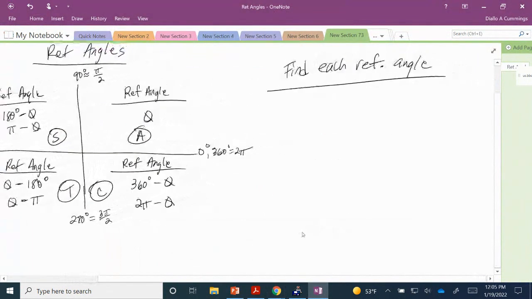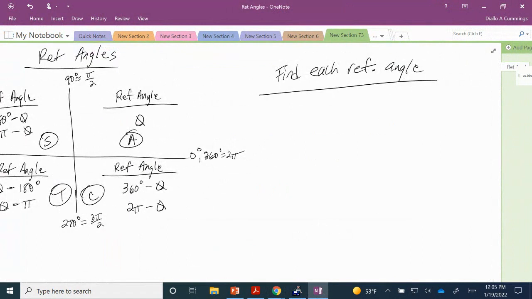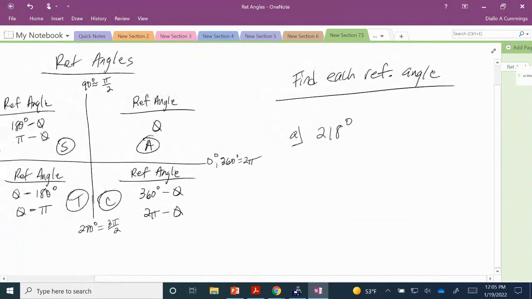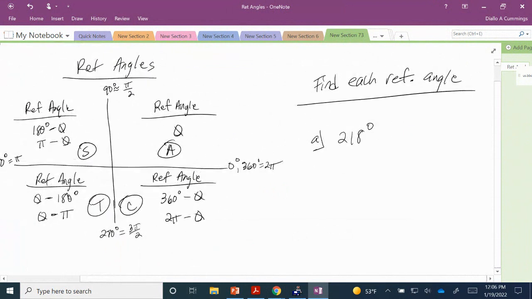All right, so we want to find a reference angle for 218 degrees. And then we'll take a look at one for 5 pi over 6.